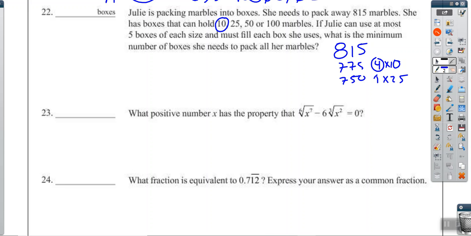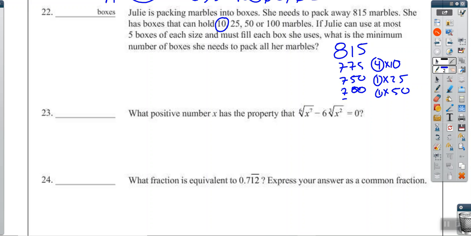Well then, okay, so now let's use our 5 boxes. So this one box is 25. So then let's use our boxes of 50 to get to 700, because then I can use all of my 100 boxes, and then whatever left over I can use my 50s. So that's 1 box of 50.